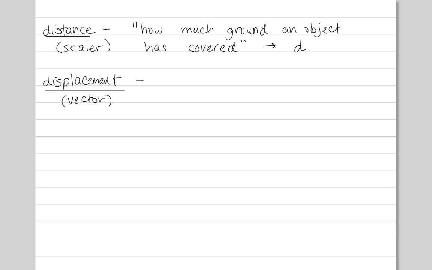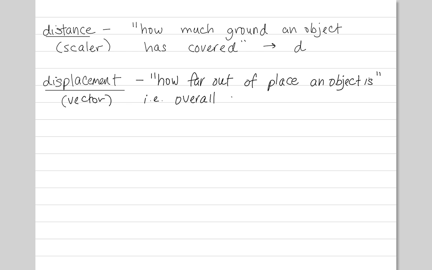How far away is the object from where it started? That is displacement. Okay, so let's write that down. How far out of place? And of course, it is, in other words, the overall change in position.